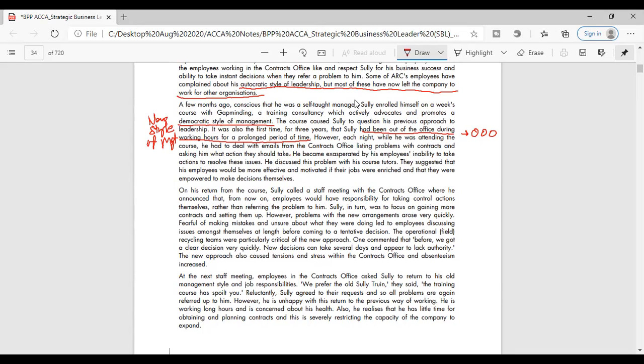Okay, so there's no succession plan, apparently. There's no backup. No succession planning.